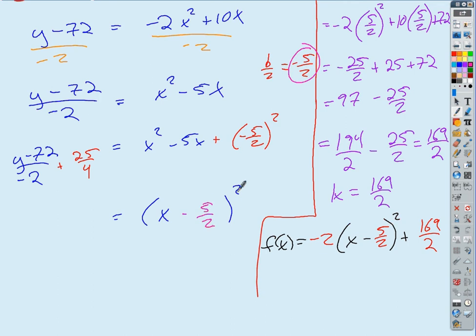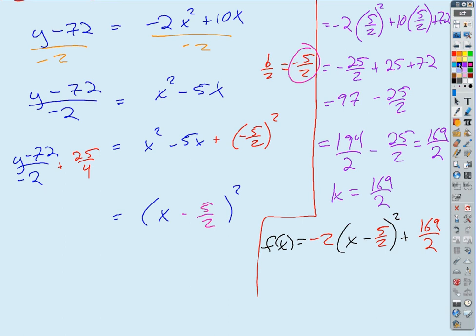I could have predicted that clear up here, because I knew that half of b was going to be that number, right? But to get there, I had to add this piece to both sides of the equation, which changed what I had over here on the left side, okay? So now we completed the square.